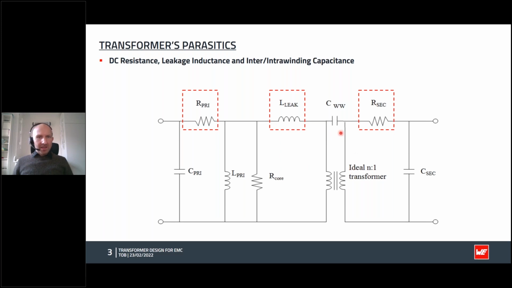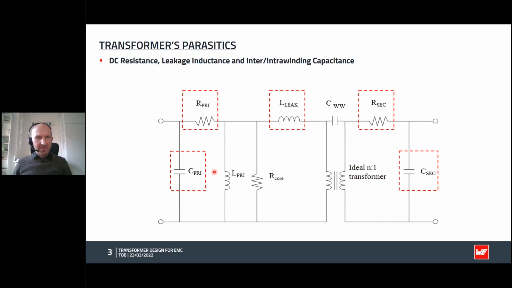And another element, or elements, that can cause some problems for EMC and in general in the circuit is capacitance: intra-winding capacitance, or distributed capacitance. This is the capacitance between each turn of the winding on the winding itself. The primary is made up of several turns of wire. Each wire will sit beside the adjacent wire.